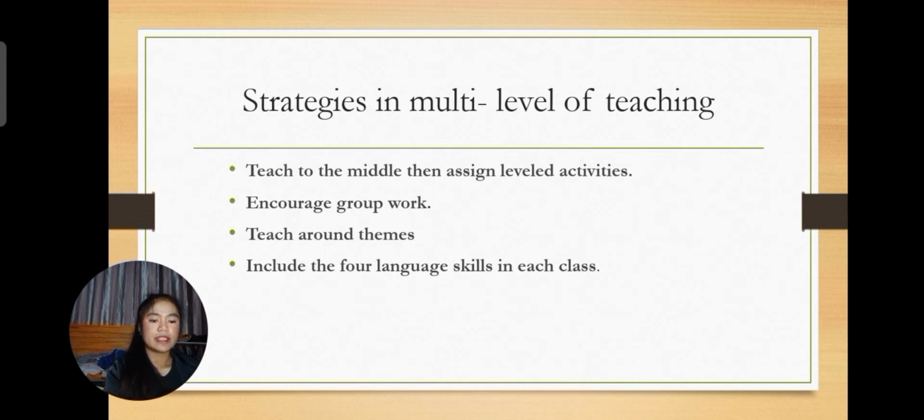Third, teach around themes. Rather than planning entire lessons around a grammar concept, in multi-level teaching it can be helpful to teach around themes. This way, students from each proficiency level will be learning how to speak about a given topic, even if it is to varying degrees.